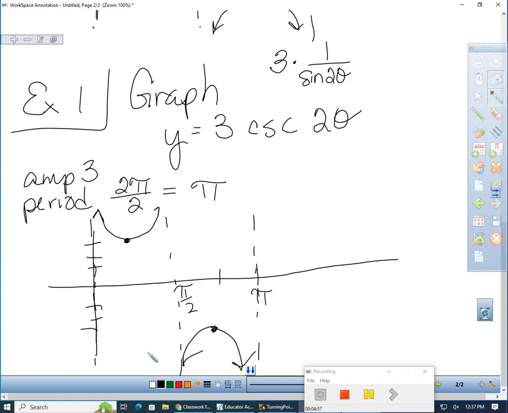Whoa. Hold on. 0 to pi. Why in the heck did it do that? Maybe. You have to do 3 parentheses. No, yours still didn't work. What the heck?